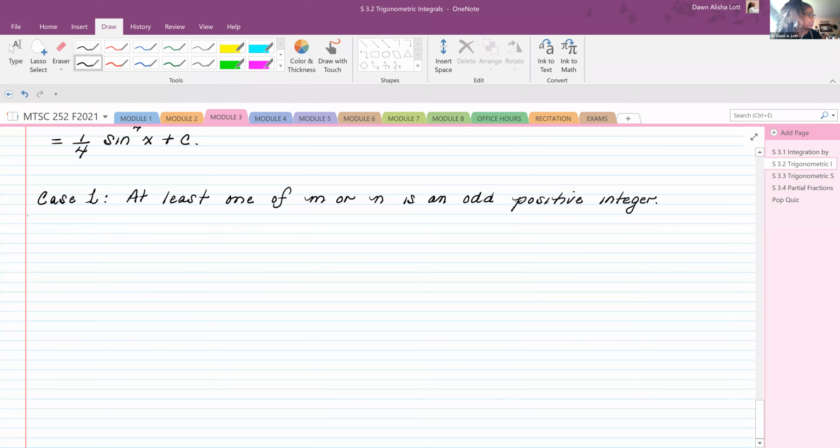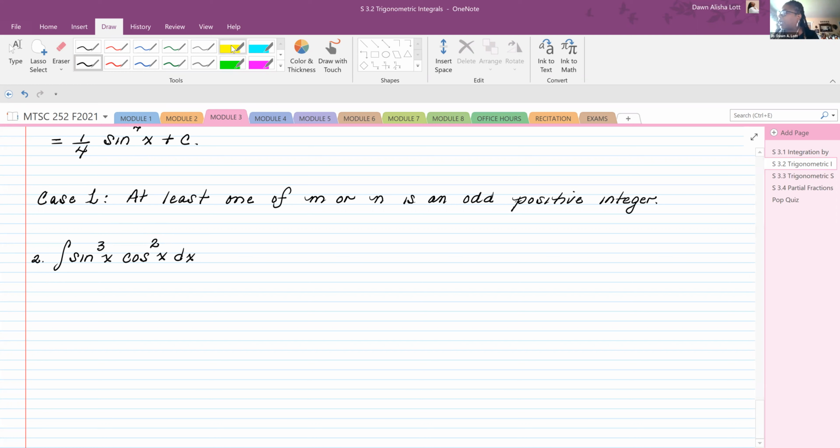Okay, so here's my example 2. That is the integral of the sine cubed of x, cosine cubed of x dx. Now, in this case, actually, let me just make one of them even. As you can see, the cosine is even, but the sine is odd.